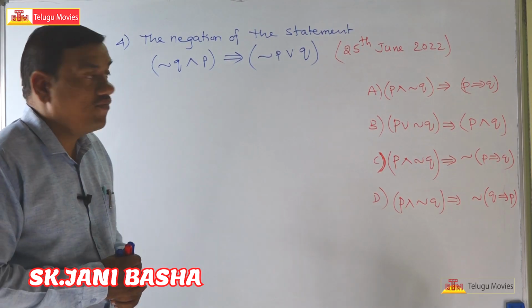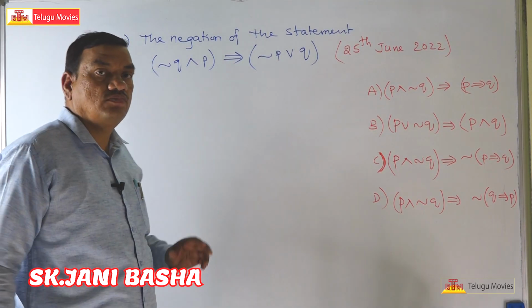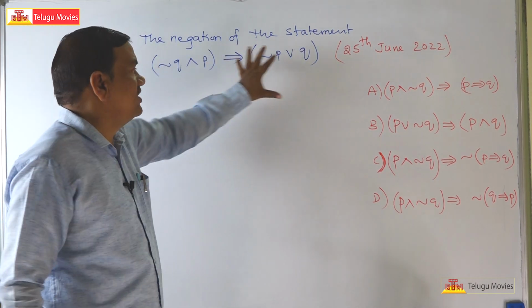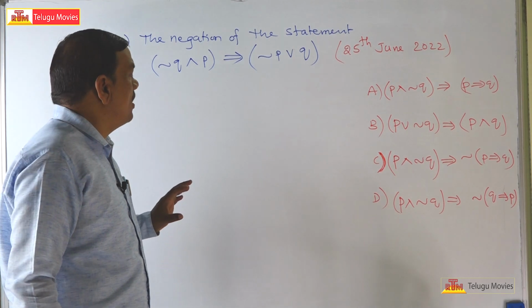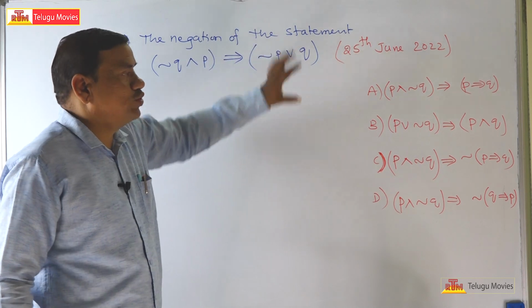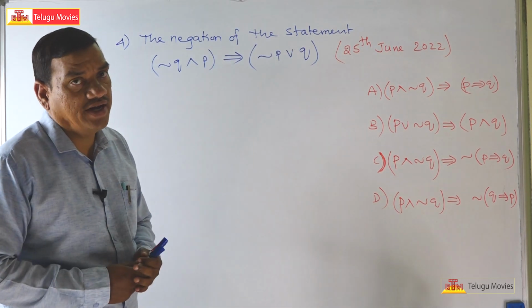Dear students, welcome to the fourth problem. The fourth problem is the negation of a statement. One statement is given, a conditional statement, if P then Q, and we have to write down its negation.